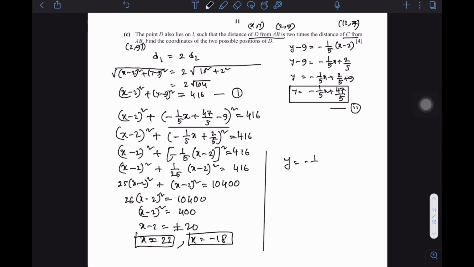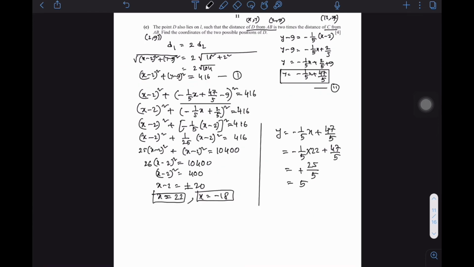Y equals minus 1 by 5 x plus 47 by 5. So minus 1 by 5 into 22 plus 47 by 5. Now the denominator is the same, keep it the same, plus 7 minus 2, 5, 4 minus 2, that is 2.